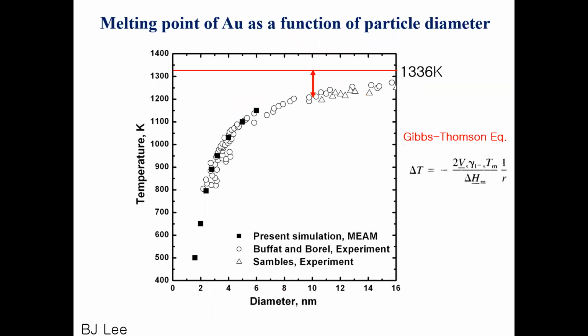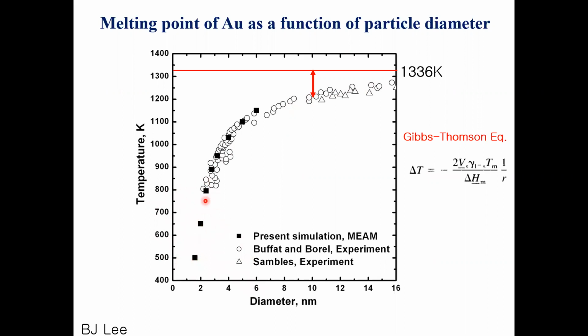So there is an effect in thermodynamics you may have heard of, called the Gibbs-Thompson effect. So this is the melting point of, I believe it's gold, and you can see that while bulk gold melts at 1336 Kelvin, the melting temperature actually drops substantially as you go to the few nanometer level.